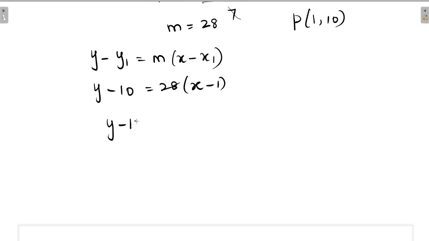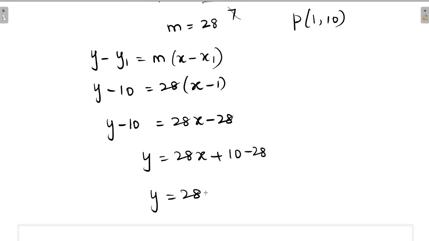So y minus 10 is equal to 28x minus 28. So y equal to 28x plus 10 minus 28, which is y equal to 28x minus 18. This is the required equation of the line.